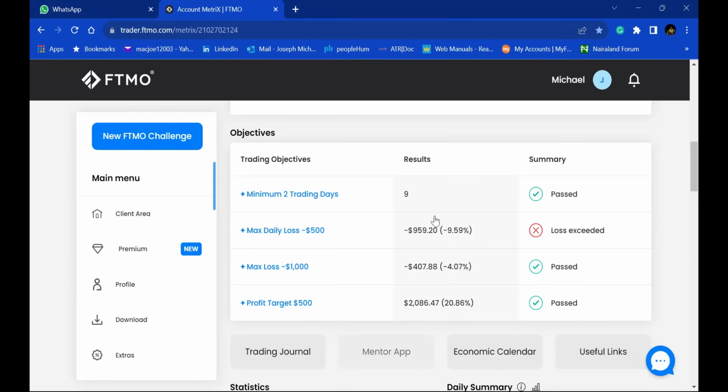Even though it finally closed in profit, there was a time that your equity, not your balance, was down. Equity is your balance in an ongoing trade. So yes, I understand. At a point you had a loss of this particular amount during the trade, not when you finally closed the trade, and so you've broken this rule.